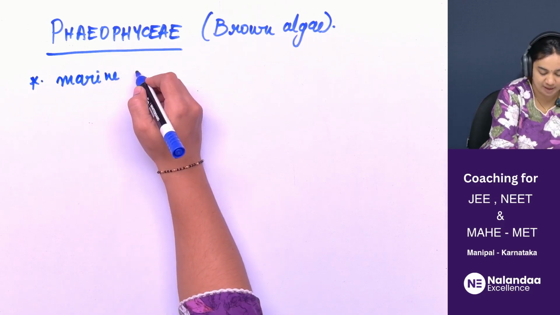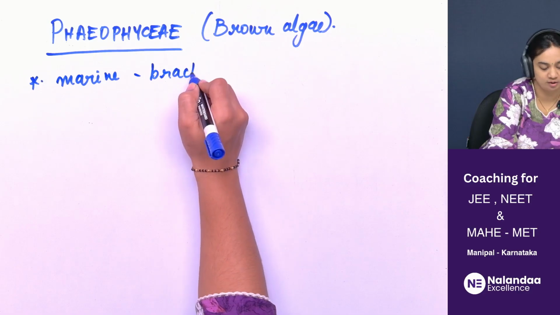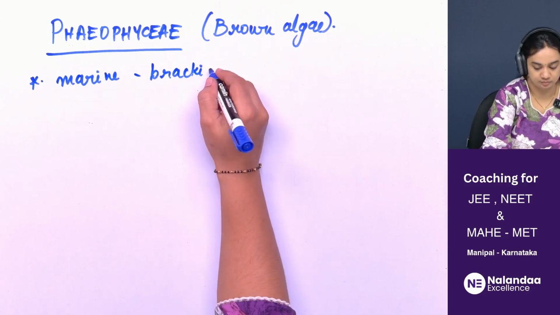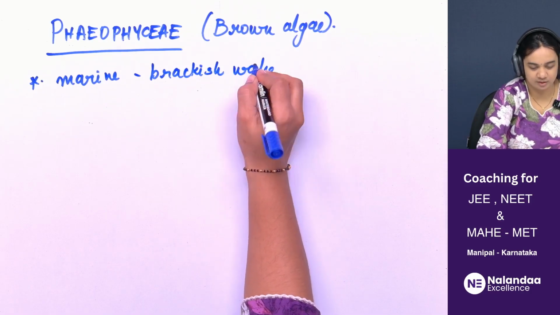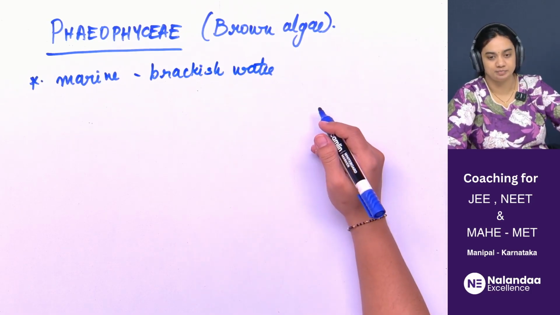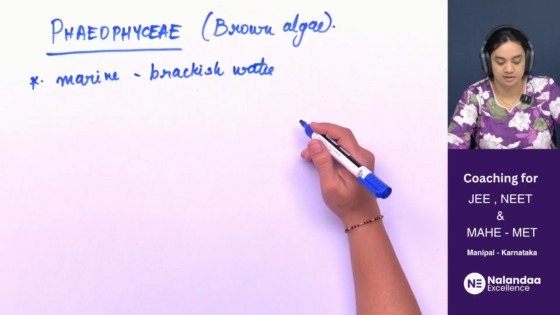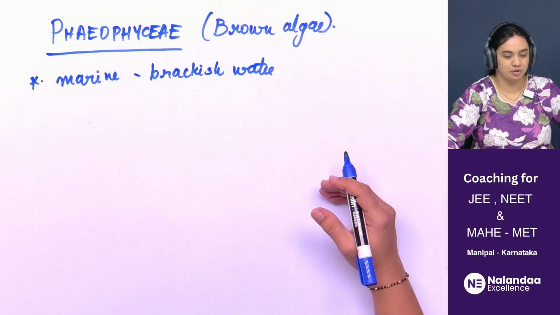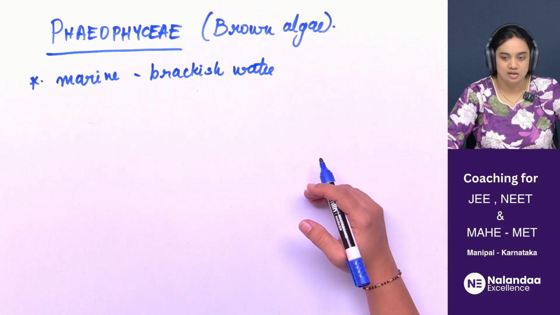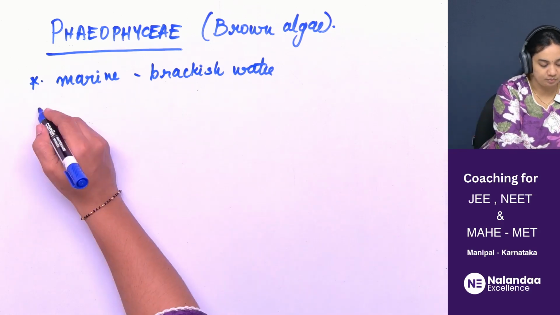They're mostly marine to brackish water. What is brackish water? Brown colored muddy water, but it's partially salty. So it's a mix of both fresh water and marine. So marine and brackish water forms.